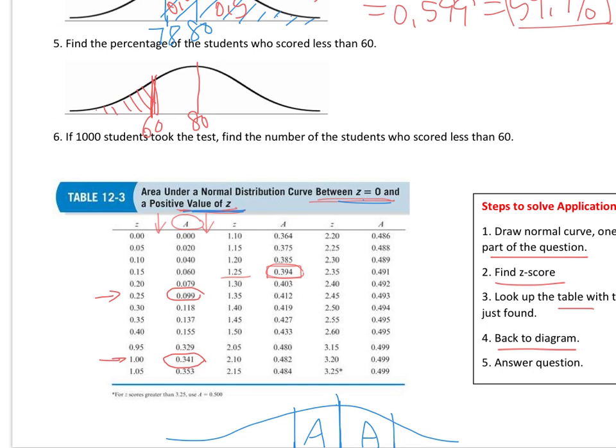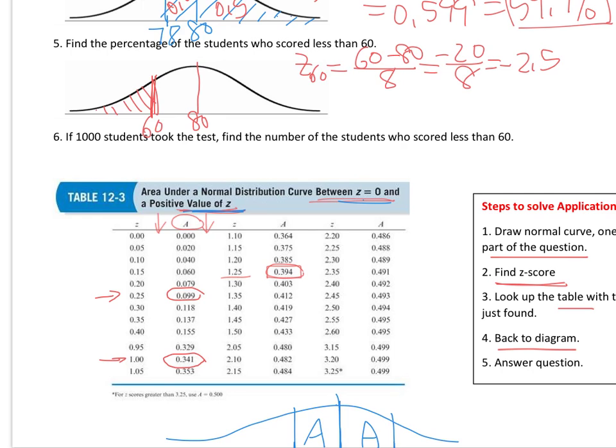After the diagram, we say next step, we're going to find the z-score. We find the z-score for 60. So that's going to be data value, subtract the mean, divided by standard deviation. Negative 20 over 8 is negative 2.5.